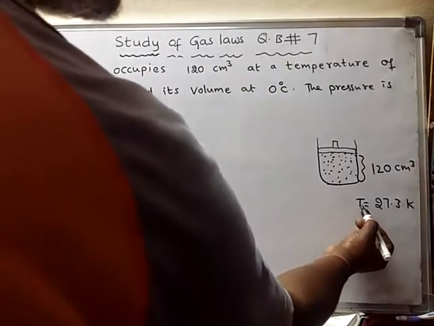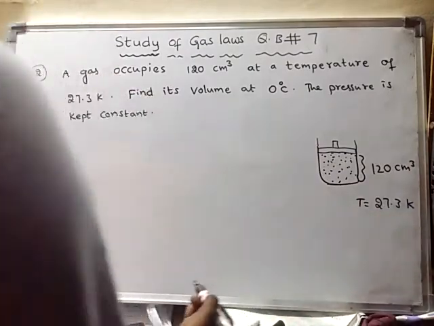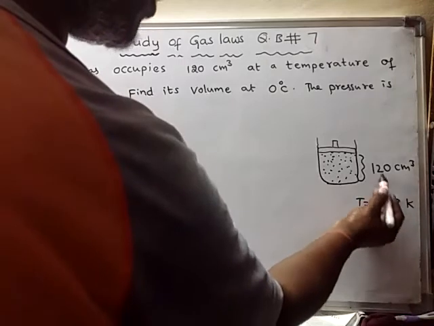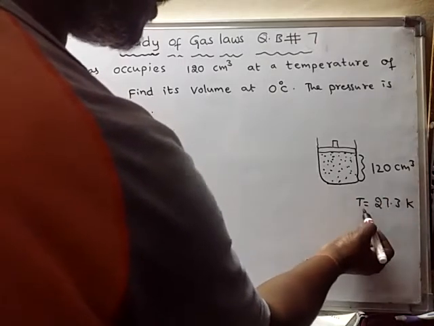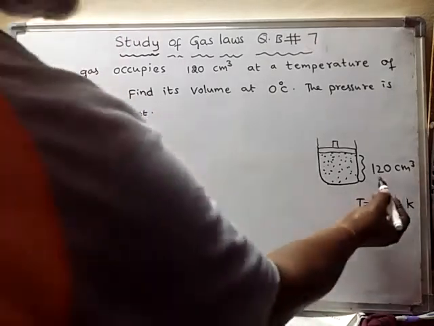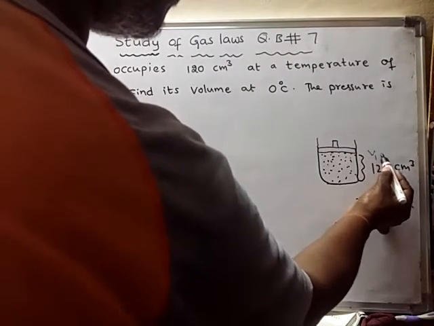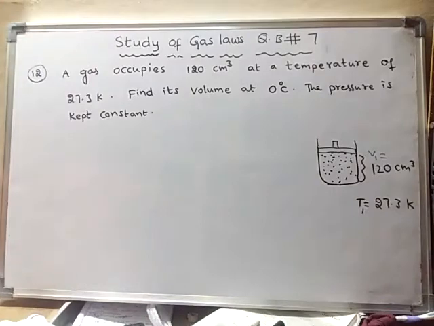So when the temperature is 27.3 Kelvin, its volume is 120. If we assume this as the initial condition, its initial volume will be equal to 120 centimeter cube.